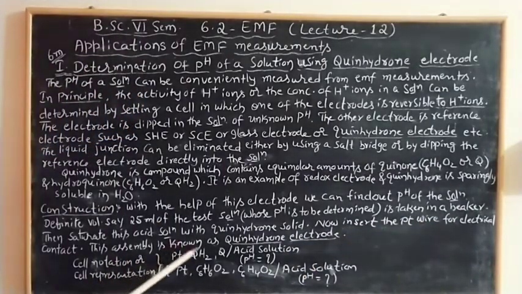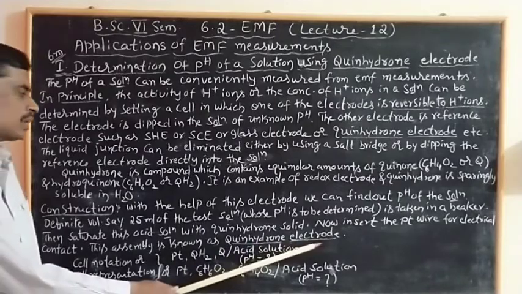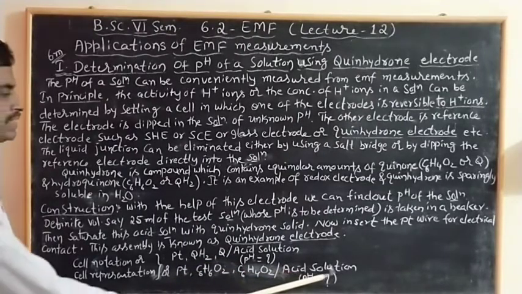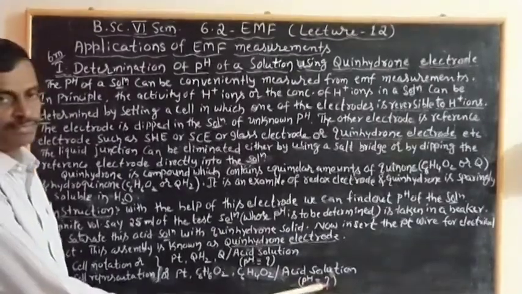This assembly is known as quinhydrone electrode. The cell representation of this is Pt, QH2, Q, acid solution, pH equal to question mark. That means you have to determine the pH of this solution. Or we write in another way: Pt, C6H6O2, that is QH2, Q means C6H4O2, single bar, acid solution, pH under examination.